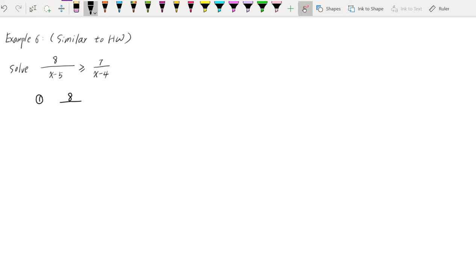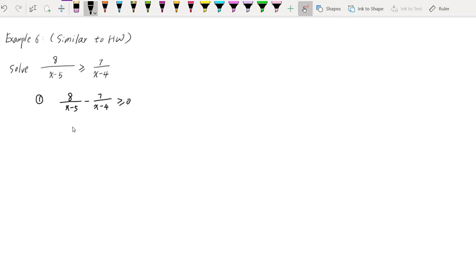That will be 8 over x minus 5 minus 7 over x minus 4 greater or equal than 0. Because we want to write the left side as a single quotient, we have to find the least common denominator. In this case, the least common denominator is just going to be x minus 5 multiplied by x minus 4.